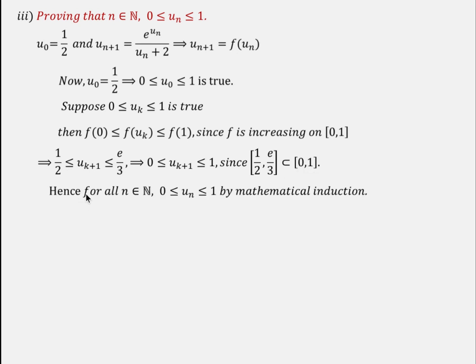We can then conclude that for all n belonging to the set of natural numbers, 0 is less than or equal to un less than or equal to 1 by mathematical induction.